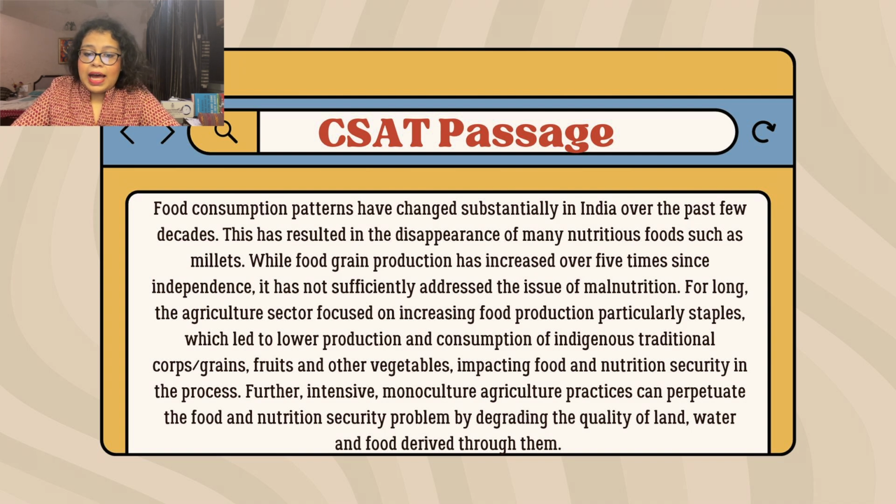For long, the agriculture sector focused on increasing food production, particularly staples, which led to lower production and consumption of indigenous traditional crops, grains, fruits, and other vegetables, impacting food and nutrition security in the process. Further, intensive monoculture agriculture practices can perpetuate the food and nutrition security problem by degrading the quality of land, water, and food derived through them. ठीक है? Let's look at the options.